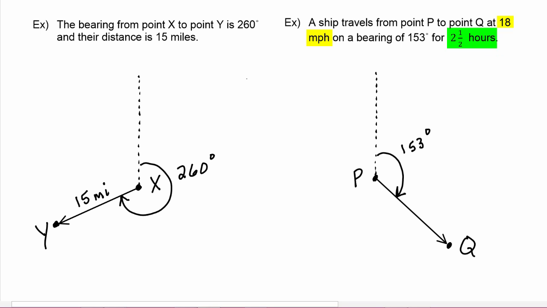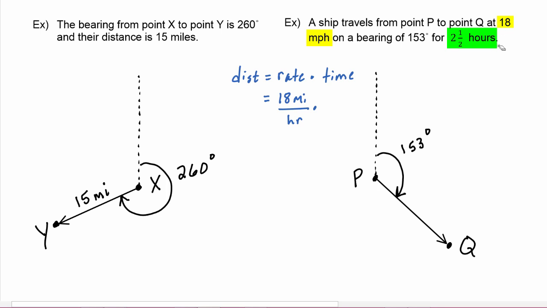Now we know from our Algebra 1 class that distance is equal to the rate times the time. So the ship was traveling 18 miles per hour, and the time was 2.5 hours.